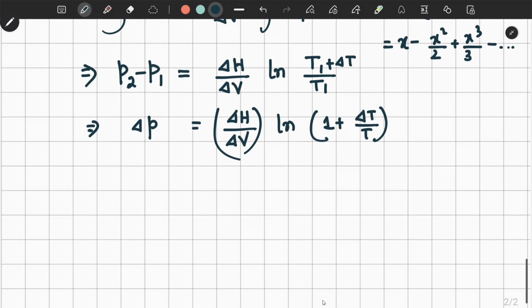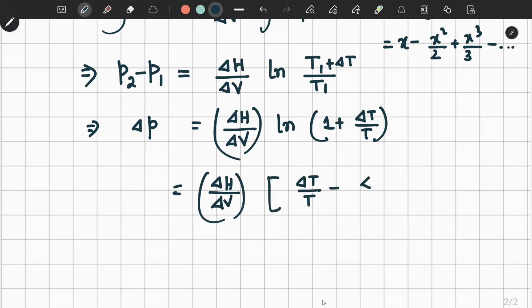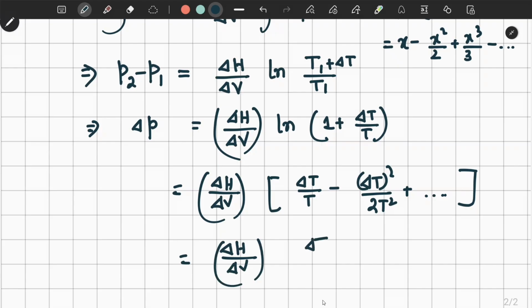Now if you expand it, if this delta T is very small, this change is not very large, then you can ignore higher order terms. In that case, you can write it as delta T by T. So clearly it is linear.